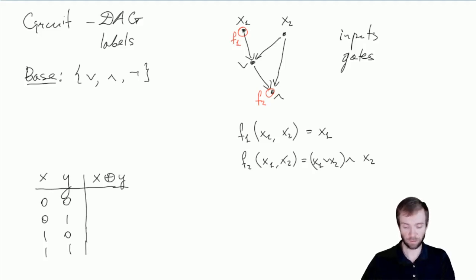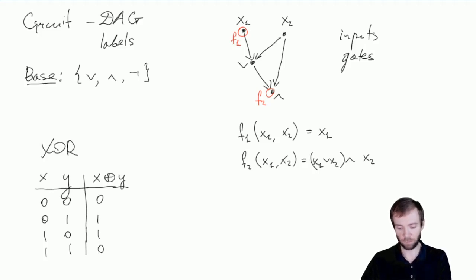The truth table, the table that lists all the values of a function for all the input tuples, is 0, 1, 1, and 0. So whenever our input values differ, our function outputs 1. As soon as they are equal, our function outputs 0. So this is the XOR function.